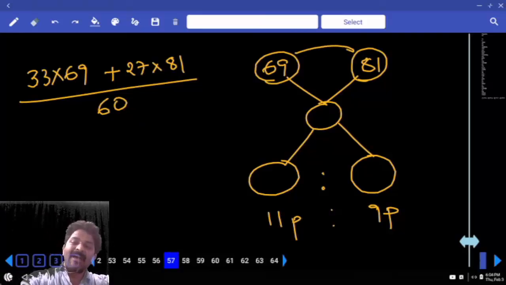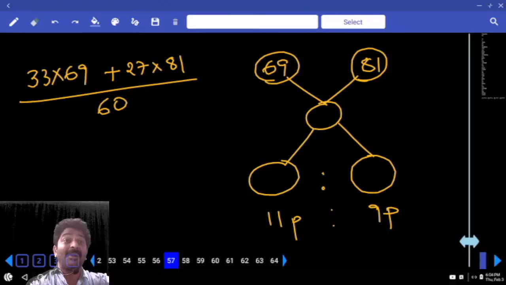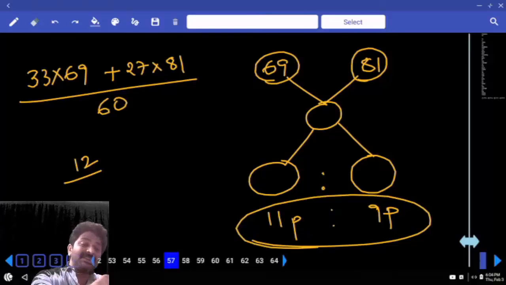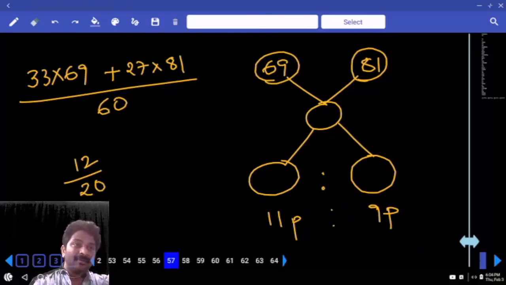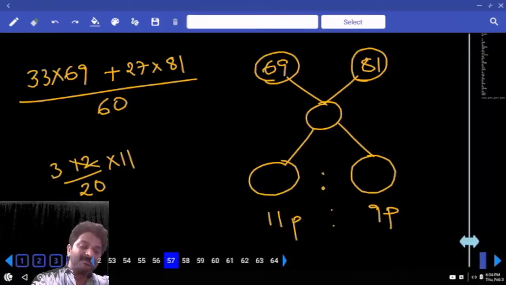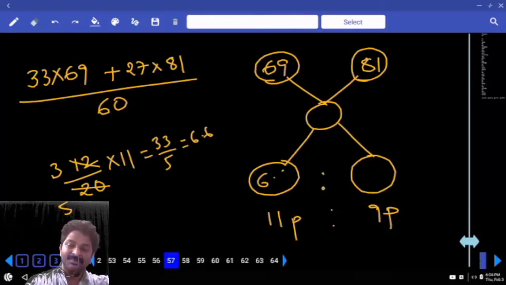What is the average difference between boys and girls? 12. That is divided into 20 parts. Now I want to calculate how much is 11 parts, so multiply by 11. 12 by 20 into 11 is 33 by 5, which is 6.6. The difference between 81 and the middle average is 6.6.